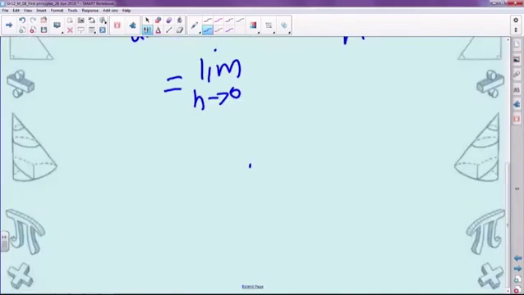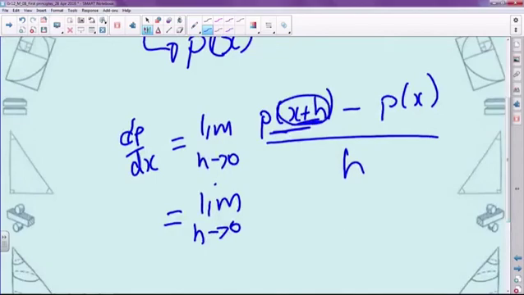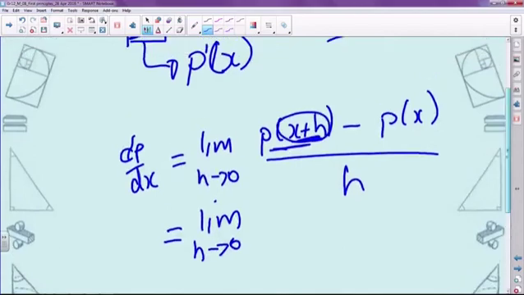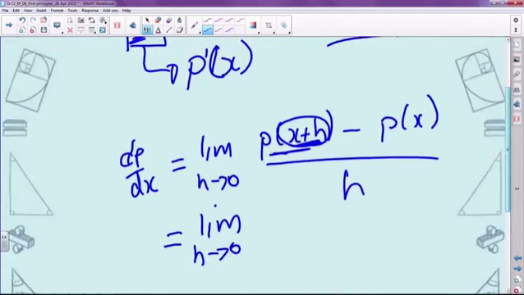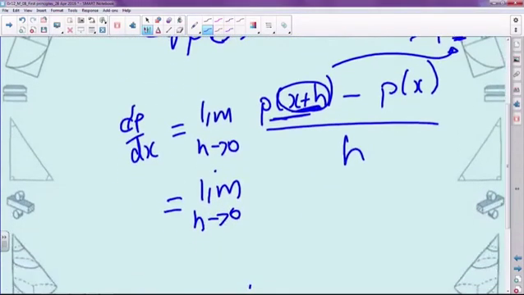So p of x plus h tells me that wherever there's an x, I need to replace it with x plus h. My function p of x was minus 1 over x, so I'm going to replace the x in the denominator with x plus h. Therefore p of x plus h is going to be minus 1 over x plus h. Minus p of x, be careful here, you need to use brackets.